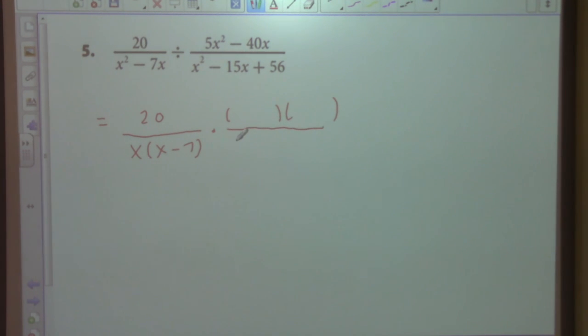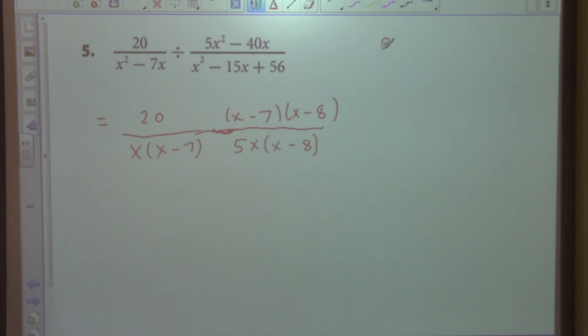So here, in the denominator, I'm going to get 5x times x minus 8. You see that's the factored form of this? And here we're going to get x, and that's positive but that's negative, so I'm going to have a minus somehow. Is that 7 and 8? Yes, 7 and 8.